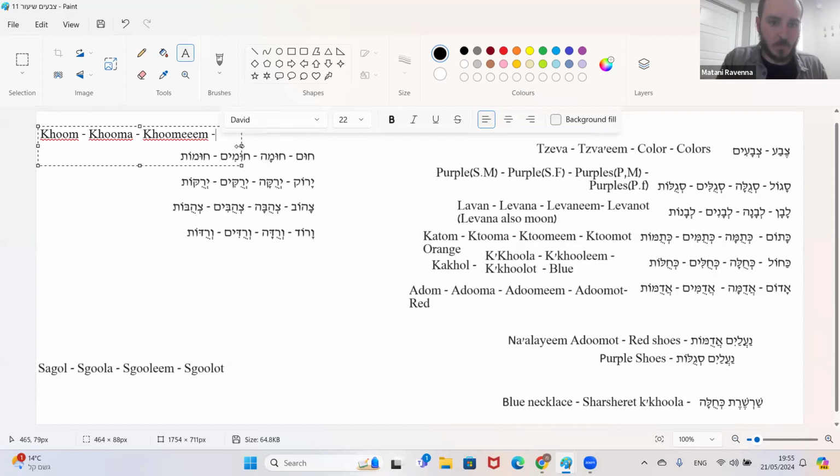Anachnu chumim, we are brown, in comparison to chumot, and here the ending ot. Anachnu chumot, we are brown. So the difference between anachnu chumim and anachnu chumot is really the gender. Okay, so we are brown, but are we female or male?